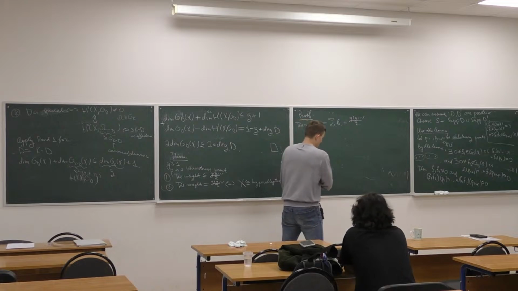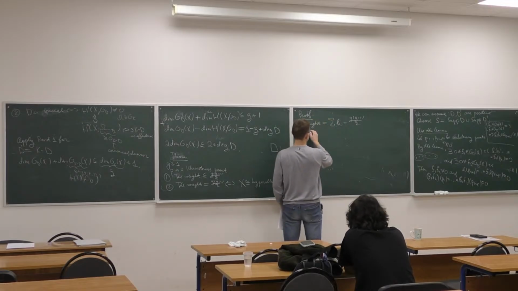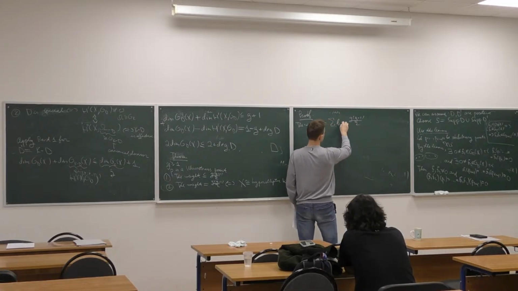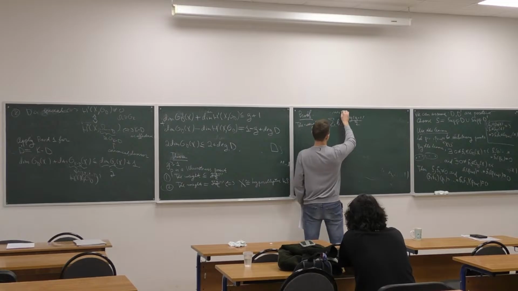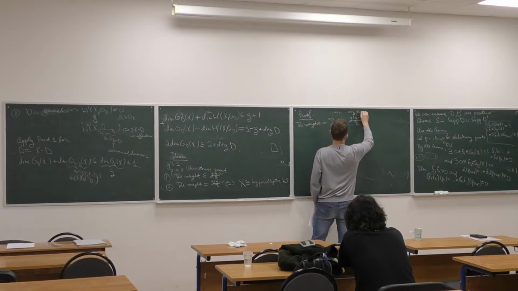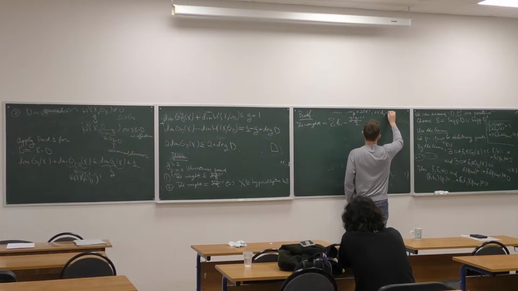Remember that we had a basis, using the notation from the beginning, such that the order at the point P of omega_i is equal to b_i.